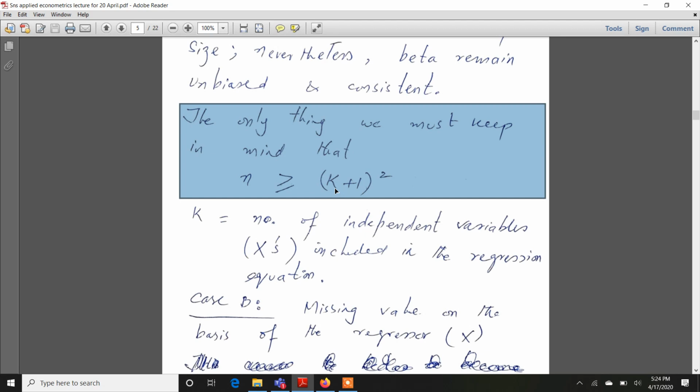For example, instead of a binary regression, if you have 1 y and 3 x variables, then n must be greater than or equal to (3 plus 1) whole square, that is 4 square. So the minimum sample size required with 3 regressors will be 16.